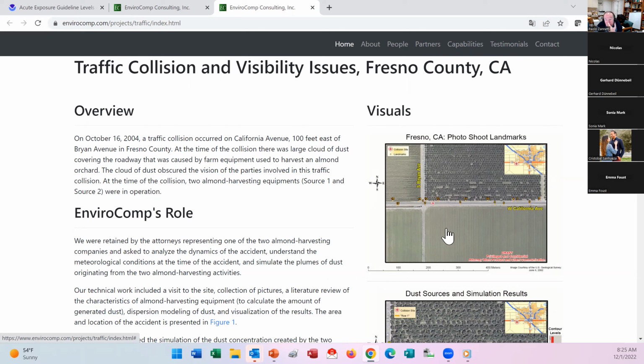The problem was that at the time of the collision, there were activities by large machines collecting almonds. These are large machines that make a lot of noise, a lot of vibration, and a lot of dust. And they go up and down in this field collecting almonds. So the cloud of dust obscured the vision of the drivers.